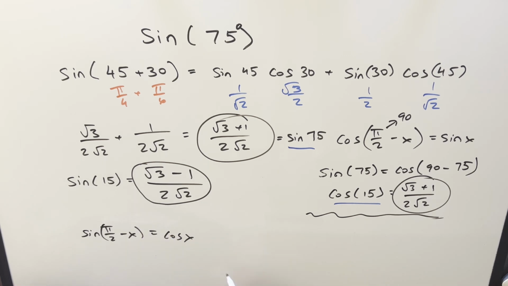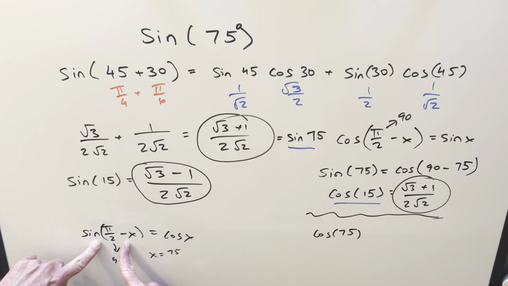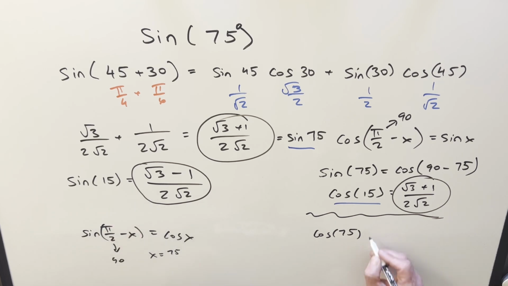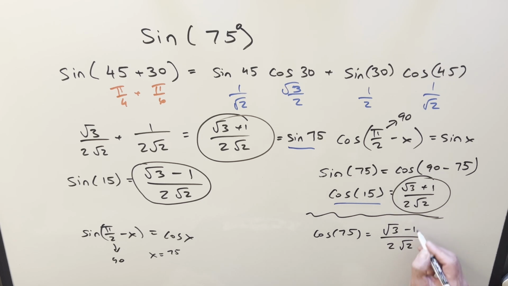So for cosine 75, if this is 90, we plug in 15. Does this make any sense? So using this with the x value equal to 75, then sine of 15 is going to be cosine of 75, and that's going to be the exact same value. So cosine 75 is square root of 3 minus 1 over 2 square root of 2.